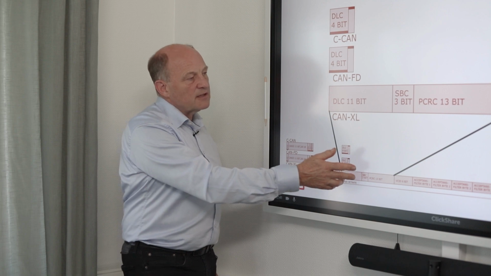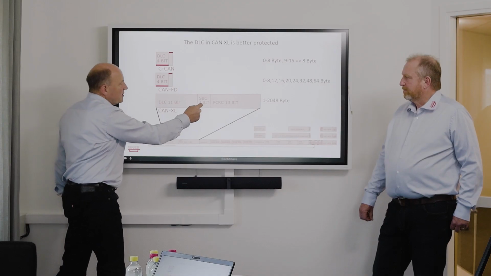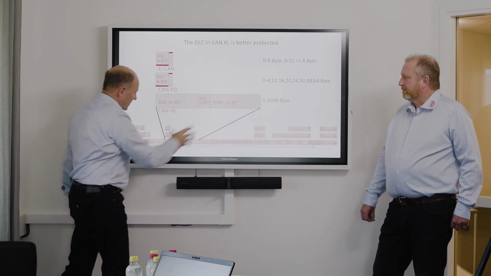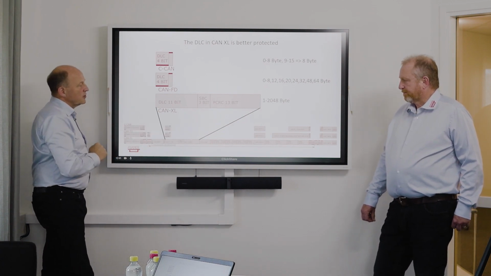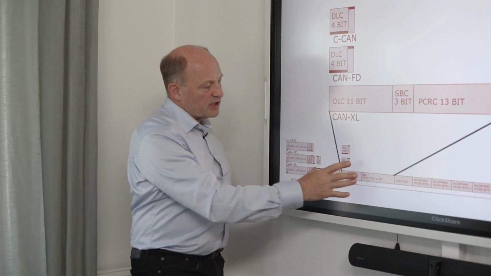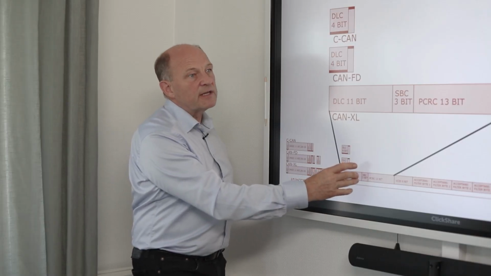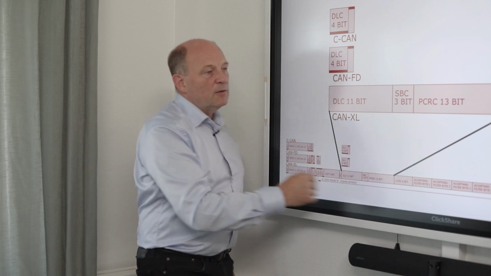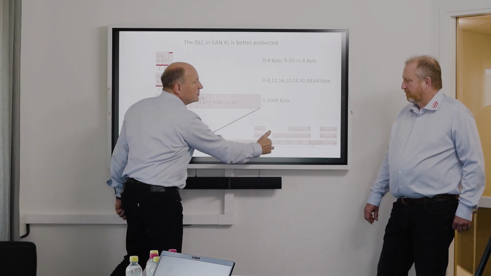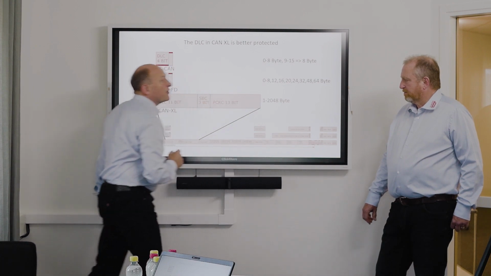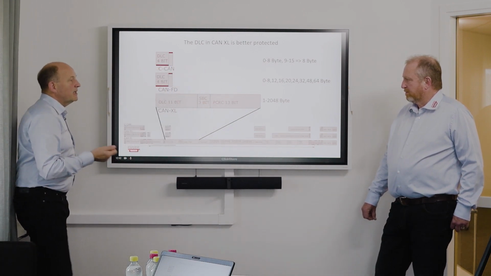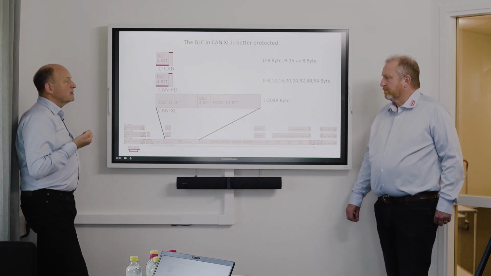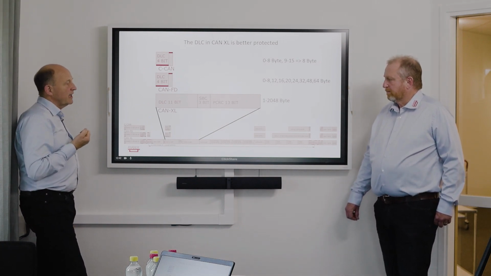To protect this number, we have a stuffed bit counter and a CRC here for this first part, to make sure that we don't have any error in the DLC. And when we know the number of bytes, we know exactly how many bits we have put into the CRC here for the frame CRC. By knowing this, we can guarantee mathematically the Hamming distance 6 of CAN XL.